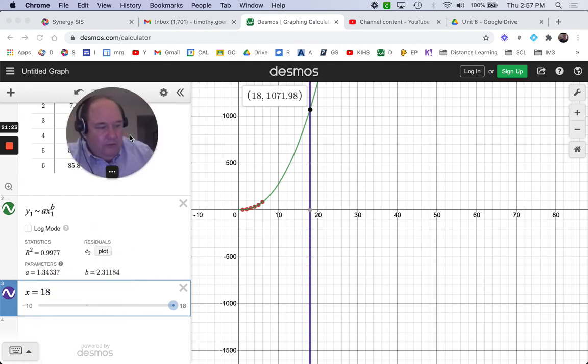So the equation as a power is f of x equals a is 1.3 x, and then the exponent on x is 2.3. So there's the power function. In 18 years, plug in 18. And if you plug in 18, you get 1,072.